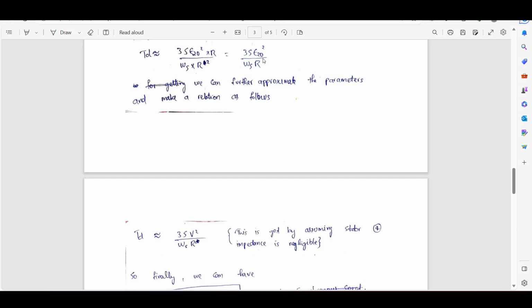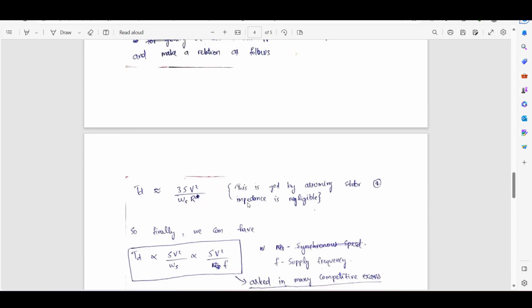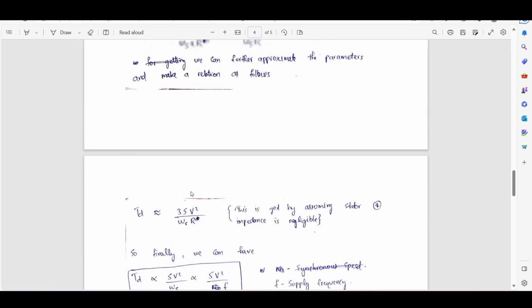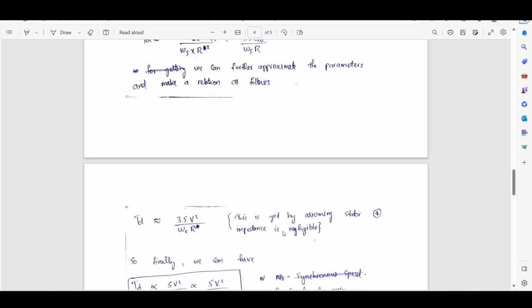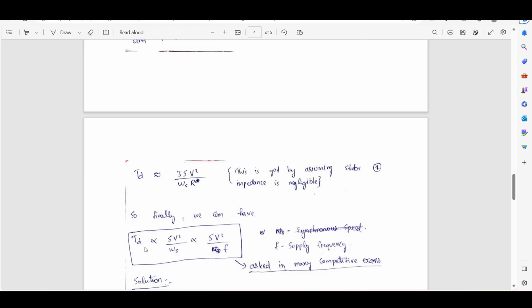So in that case, we can substitute E2 of 0 as V, and this equation will transform to Td approximately equal to 3s V square divided by omega s R. This equation is got by assuming that the stator impedance is negligible. So finally, we can have Td directly proportional to S V square divided by omega s, because 3 and R are constant.